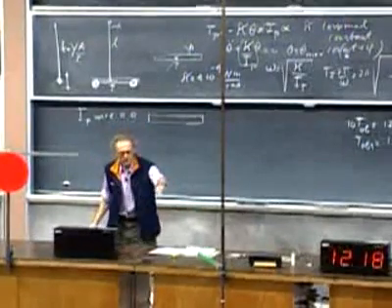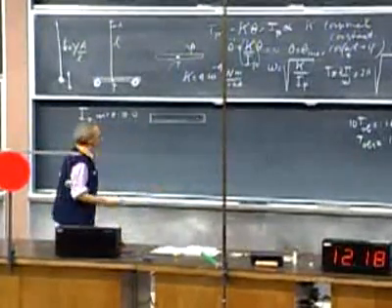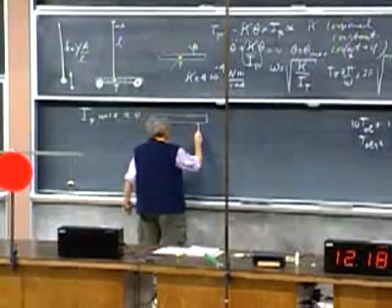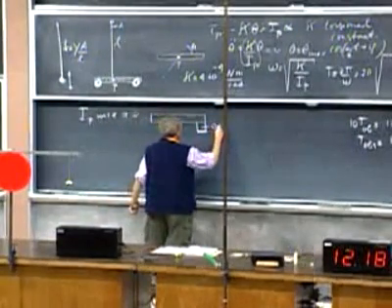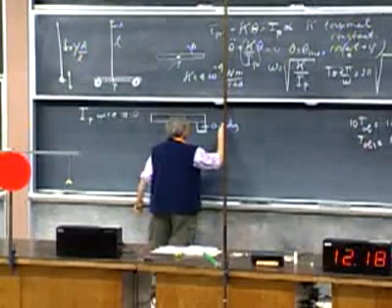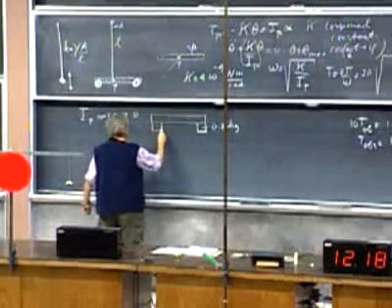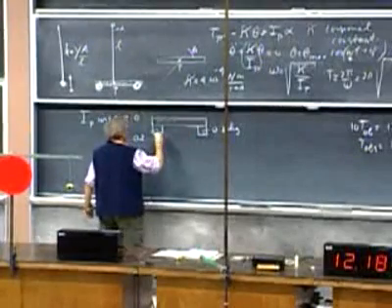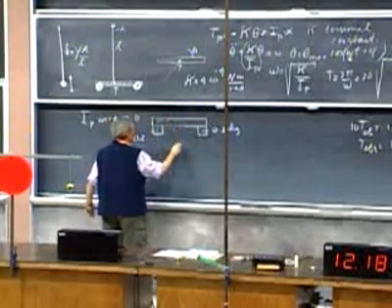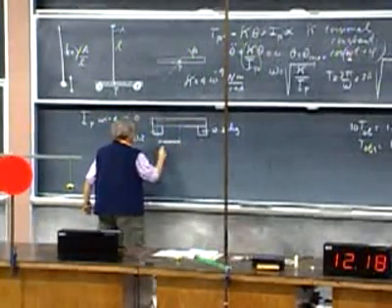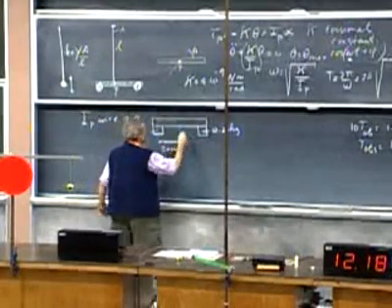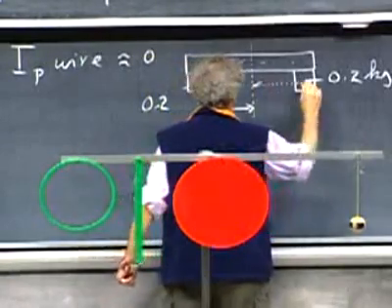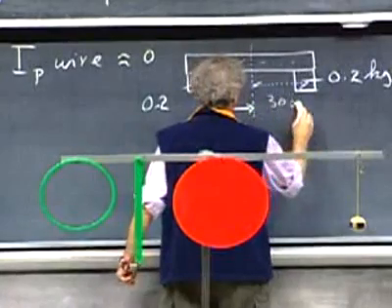On both sides it has 200 grams, 0.2 kilograms, and 0.2 kilograms here. And this mass is almost negligible. And this distance here is 30 centimeters, and this distance is 30 centimeters.